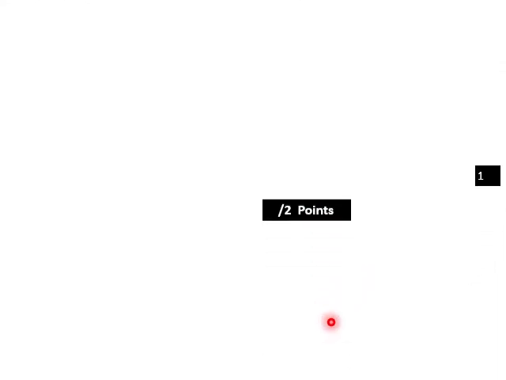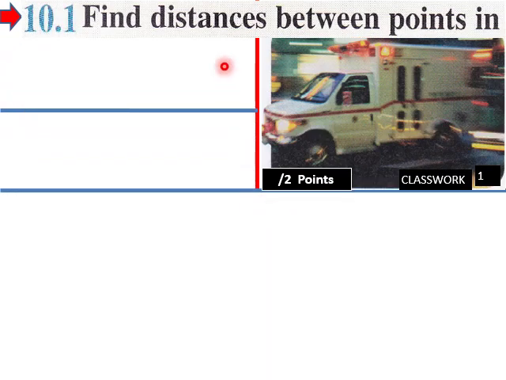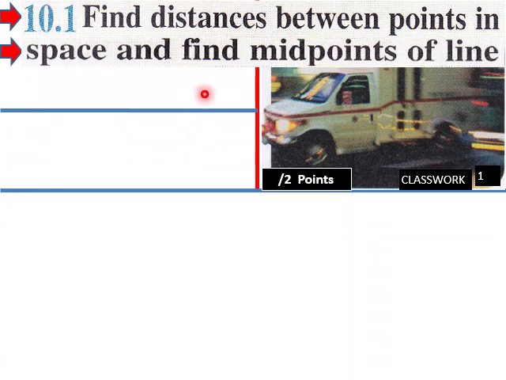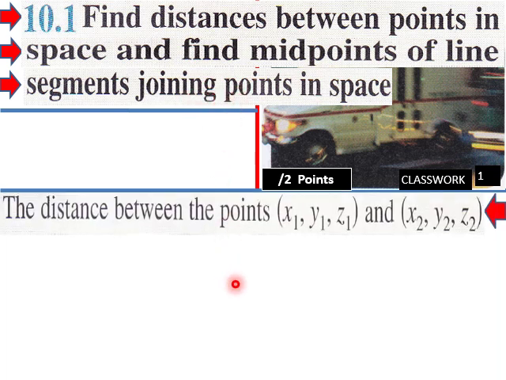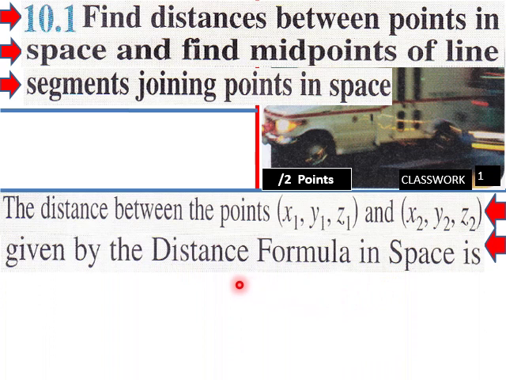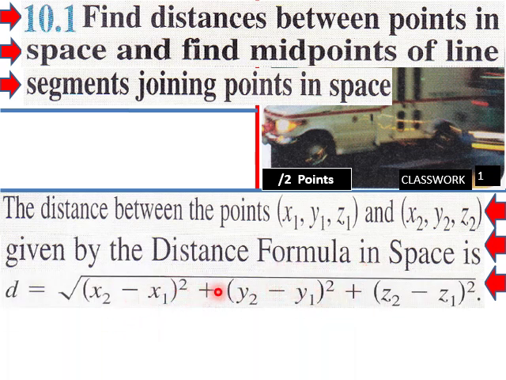Into our classwork for today, we're going to jump right into our review of 10.1. Find distances between points in space and find the midpoints of a line segment joining points in space. The distance between these 2 points, x1, y1, z1, and x2, y2, z2, is given by the distance formula in space, and here is your formula.